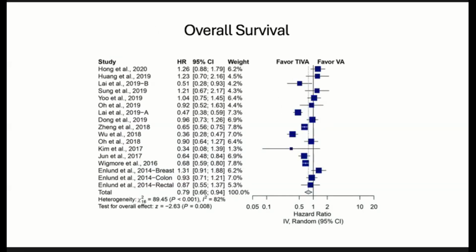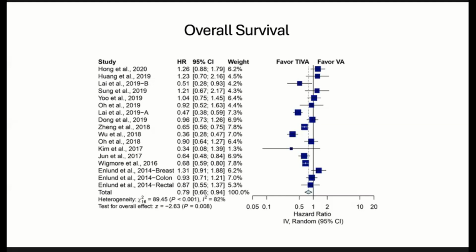Of the 19 included studies, 17 reported on overall survival. And it showed that patients who received TIVA during cancer surgery were associated with a better overall survival than those who received volatiles. However, I should note that when they did a subsequent subgroup analysis comparing those who received propofol specifically with those who either received desflurane or sevoflurane, they found that this improvement did remain when they compared it specifically with desflurane, but they did not find a difference in overall survival between those who received TIVA and those who received sevoflurane.